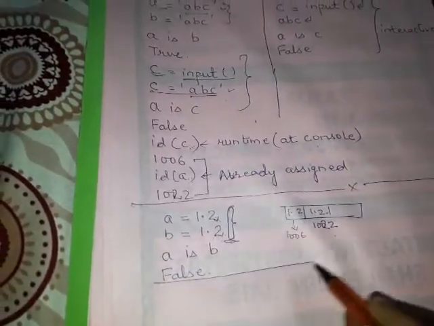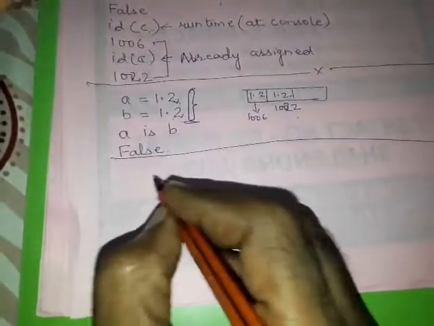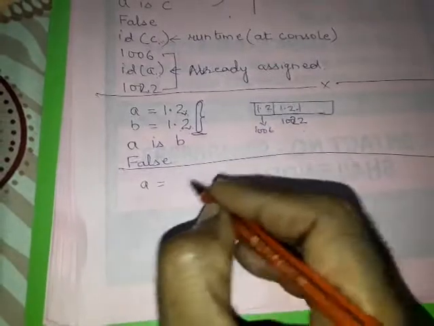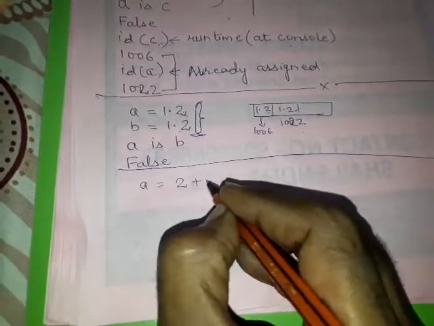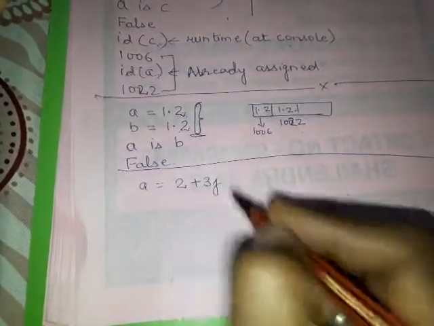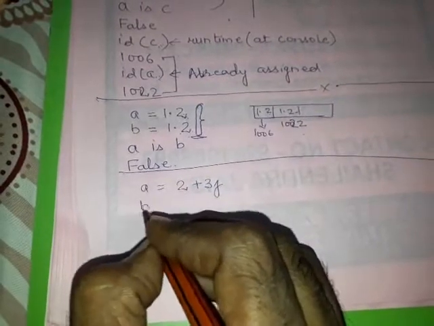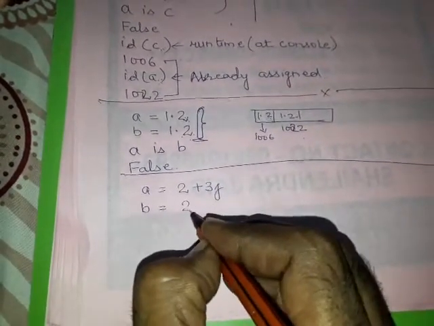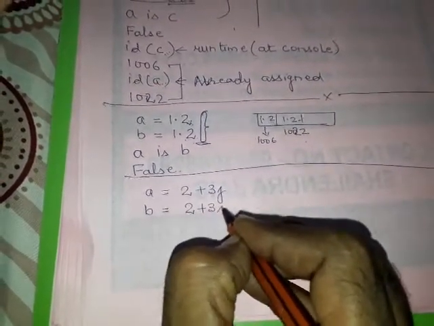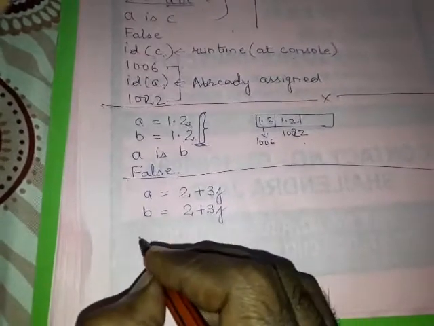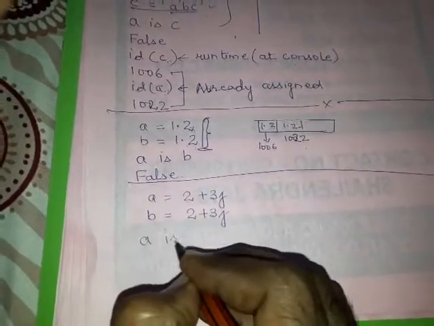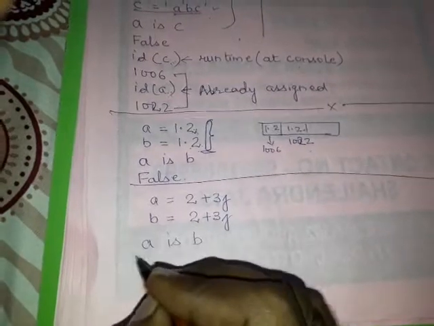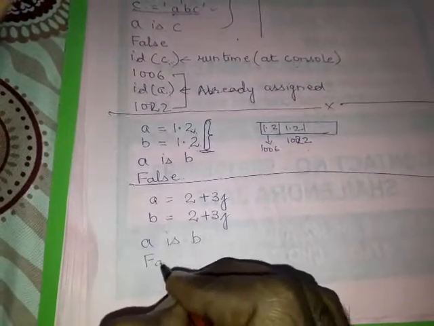Now complex numbers also. Suppose A is equal to 2 plus 3j and B is equal to 2 plus 3j. Again when you compare A is B, it will again give false.